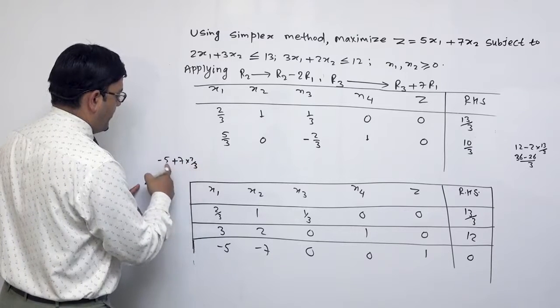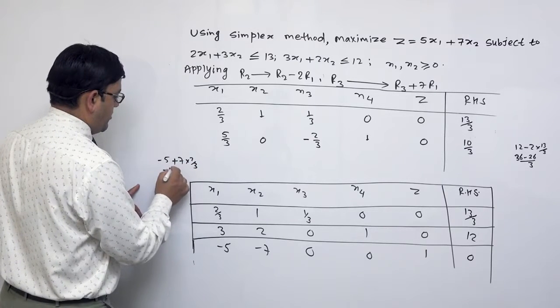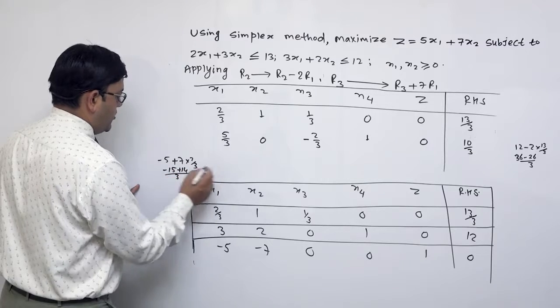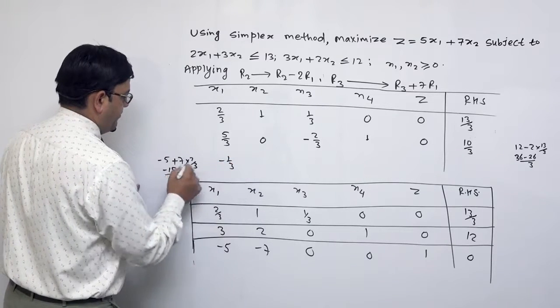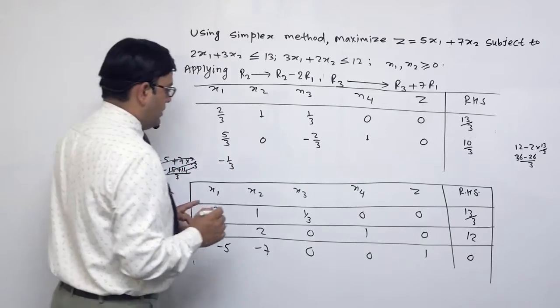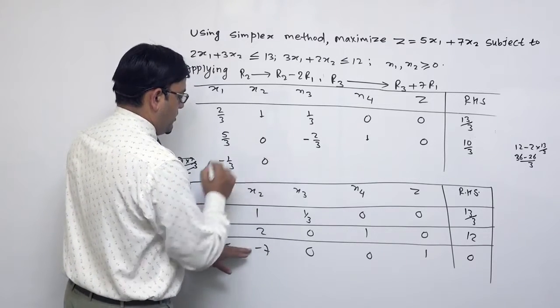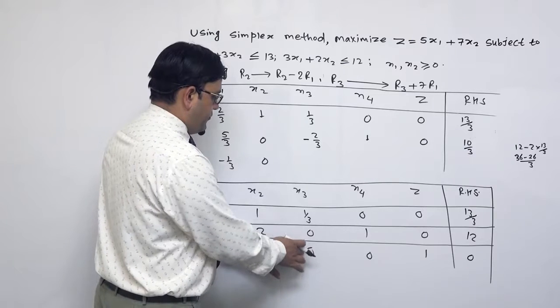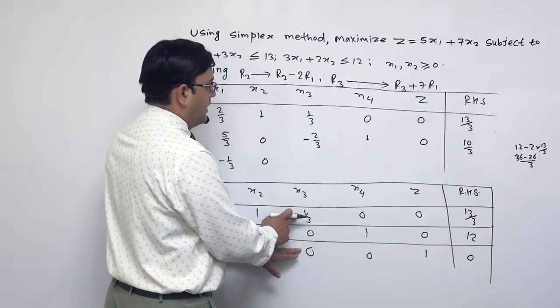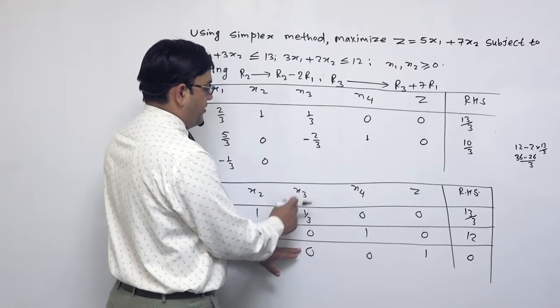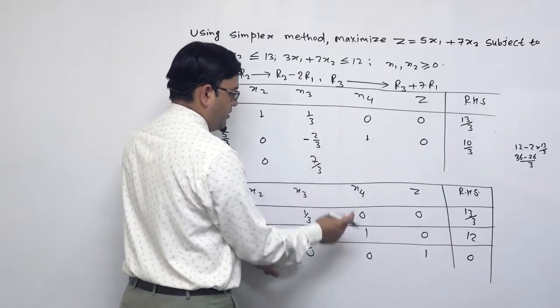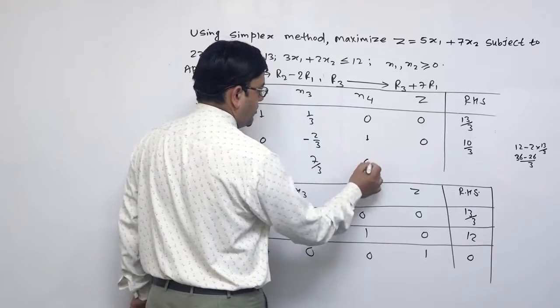So we have 5 times 3 is minus 15 plus 14 by 3. So it's minus 1 by 3. So we can do this. Similarly, the next one, minus 7 plus 7 is 0. Similarly here, 0 plus 7 times 1 by 3 means 7 by 3. So here 0 times that's 0.